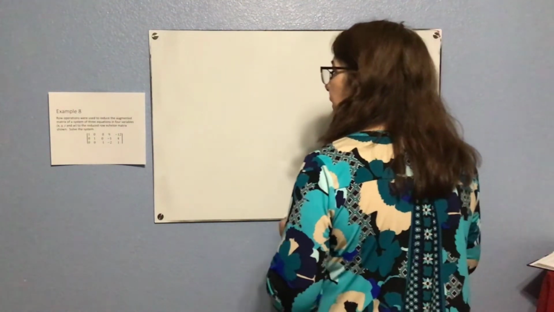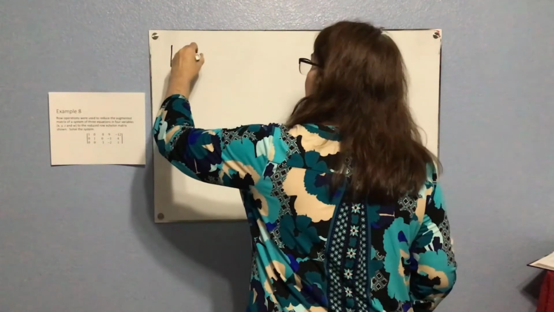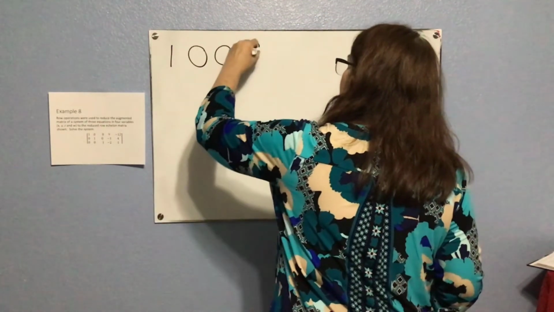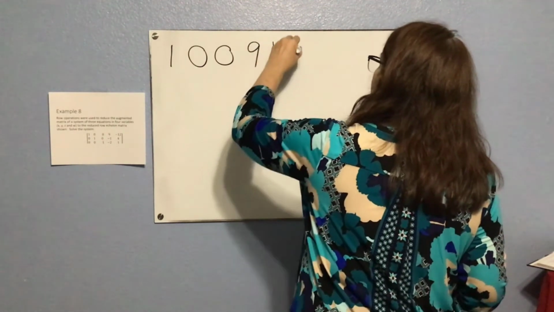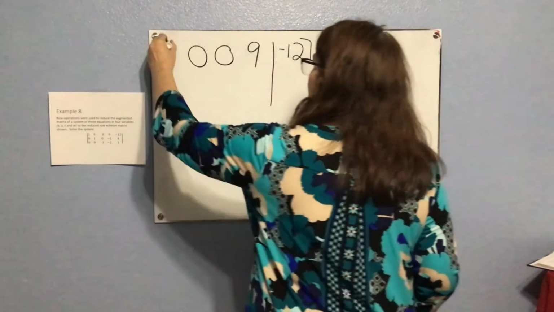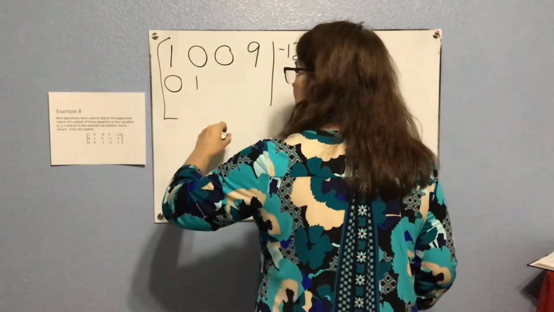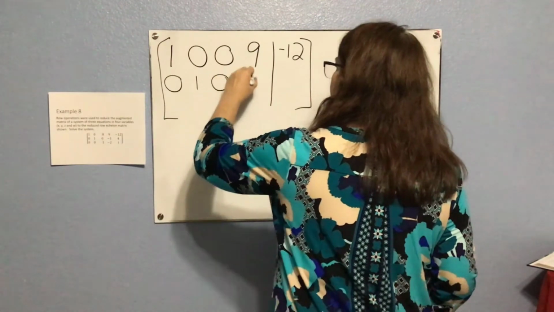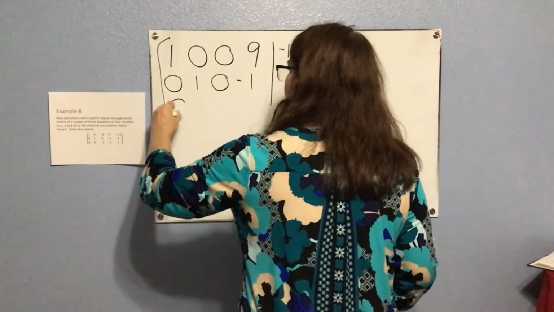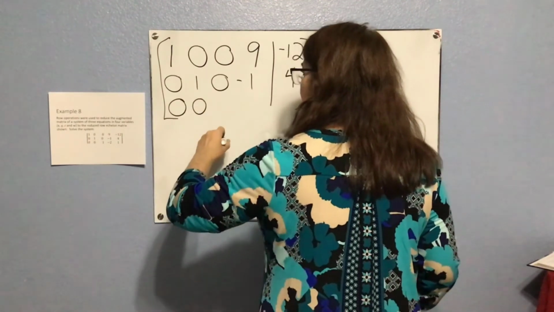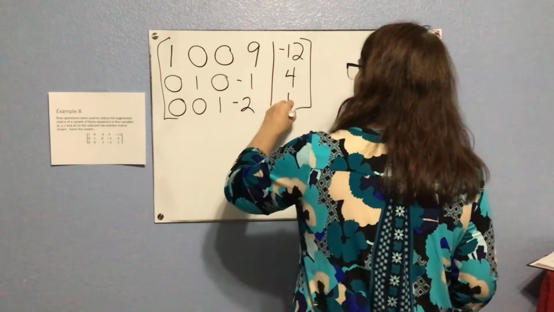So I'm given an augmented matrix already. I've got 1, 0, 0, 9, negative 12, 0, 1, 0, negative 1, 4, and 0, 0, 1, negative 2, and 1.